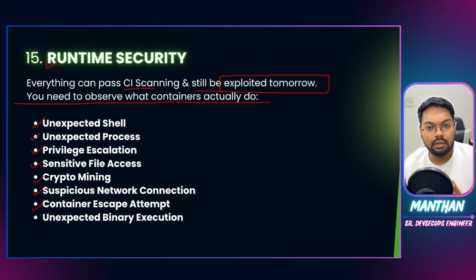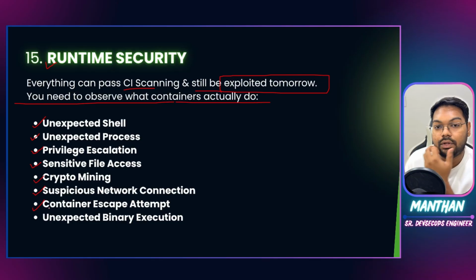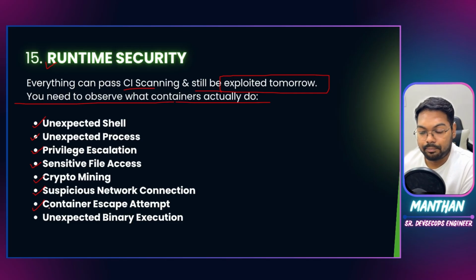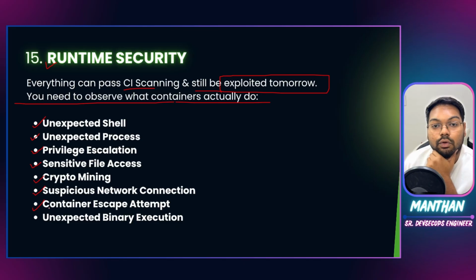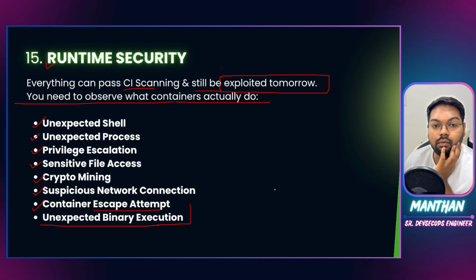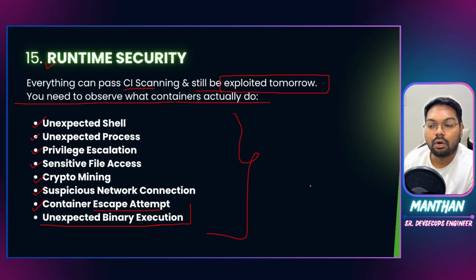So a container basically escaping from the container onto the node, so that once you get access to the node, you can again use the container runtime interface, CRI, or container runtime to get access to other containers that are running. So container escape attempts, and then unexpected binary execution, something in your bin which is not allowed. So that's what you do for runtime security.